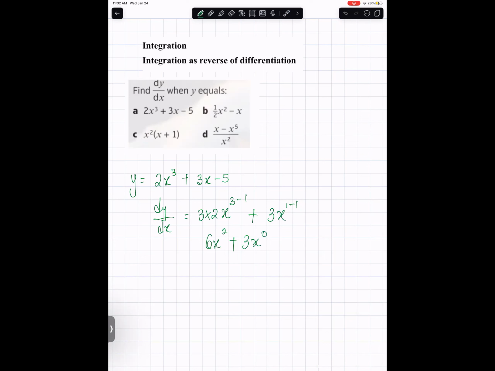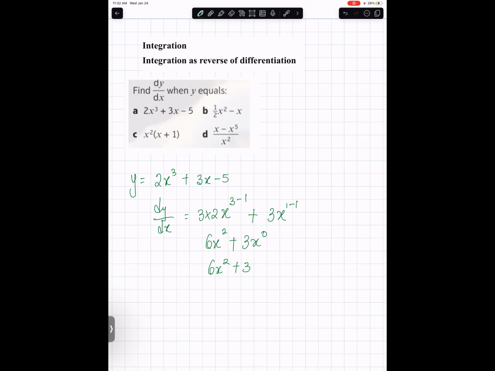From your knowledge of indices, you know that any number raised to the power of 0 will be 1. So 3x to the power of 0 gives us 3, as we have 6x squared plus 3. So we've differentiated A.